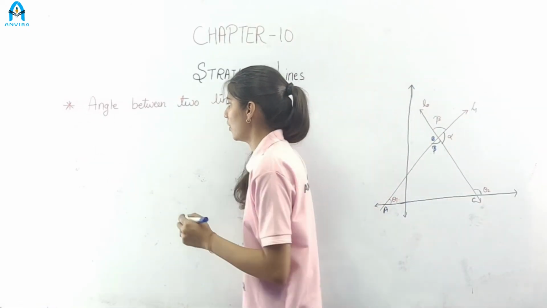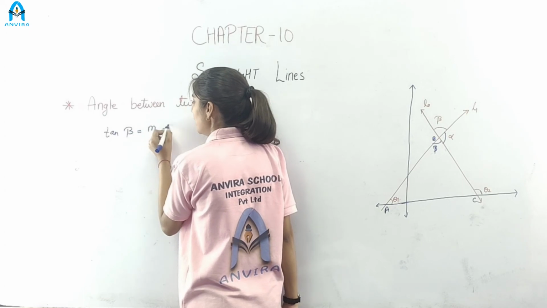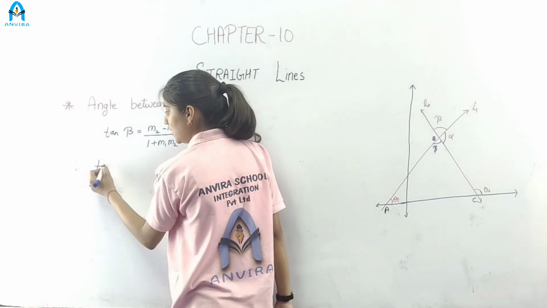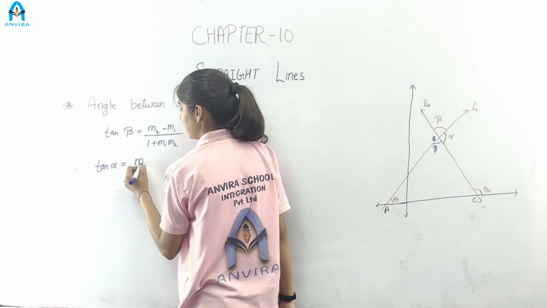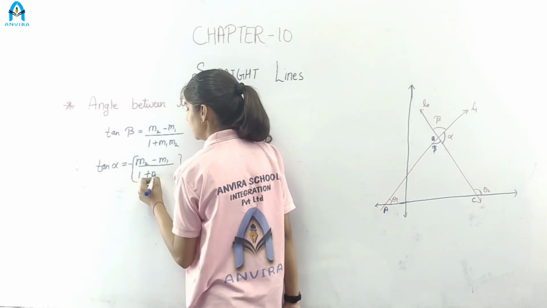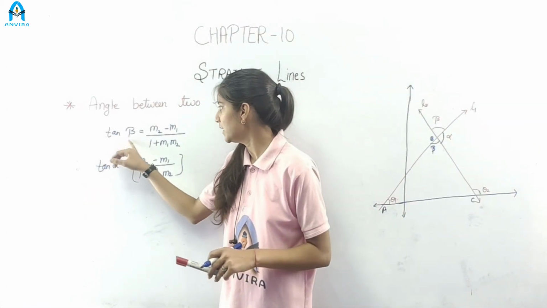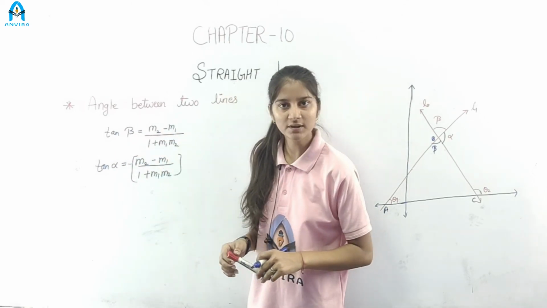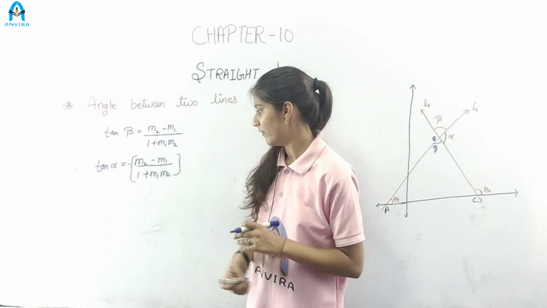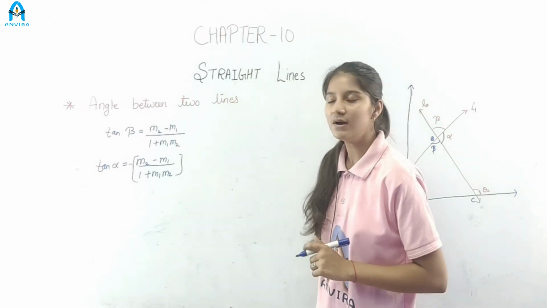As we concluded from our previous derivation, tan beta is equal to m2 minus m1 divided by 1 plus m1 m2, and similarly, tan alpha is given by negative of m2 minus m1 upon 1 plus m1 m2, where m1 is the slope of line 1 and m2 is the slope of the second line.